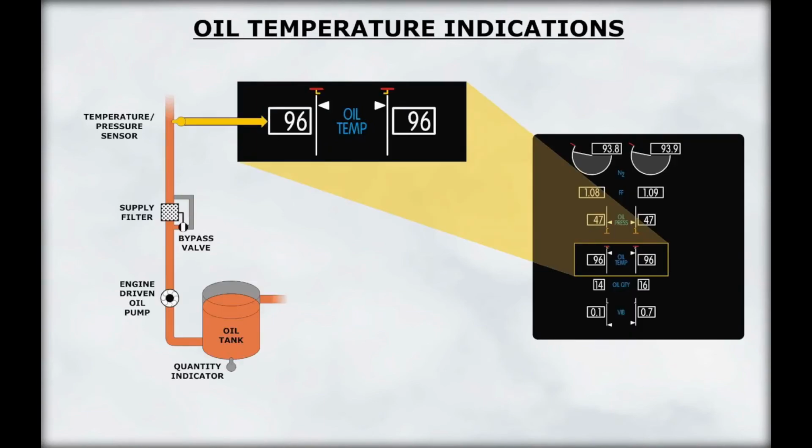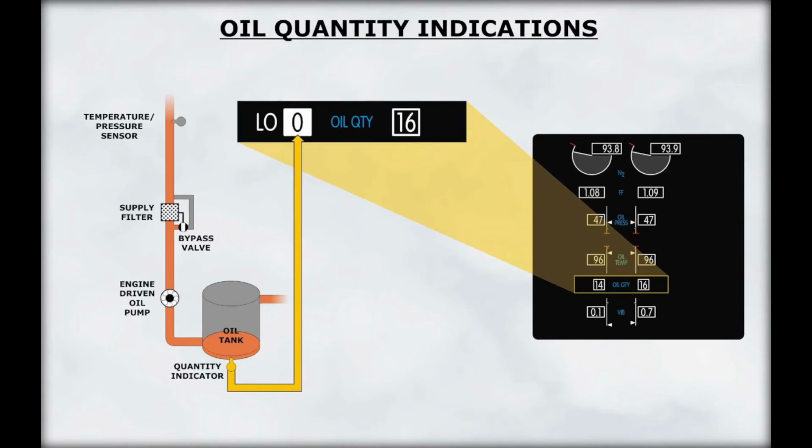Oil temperature indications are similar to the oil pressure indications. Oil temperature information is displayed immediately below the oil pressure displays. Oil quantity information is displayed below the oil temperature indications. Oil quantity is displayed in numerical format.